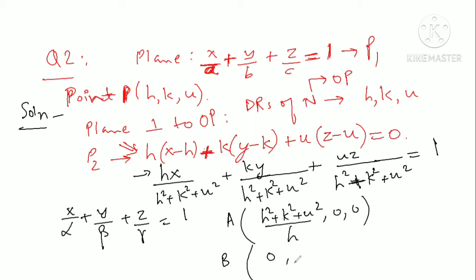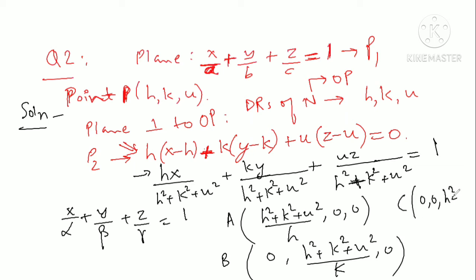Coordinates of B will be 0, comma h square plus k square plus u square divided by k, comma 0. And coordinates of C will be 0, comma 0, h square plus k square plus u square divided by u. So these are the coordinates for A, B, and C, because the plane cuts the coordinate axes in A, B, and C.